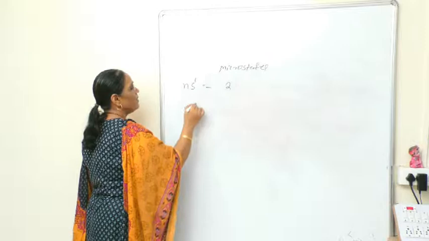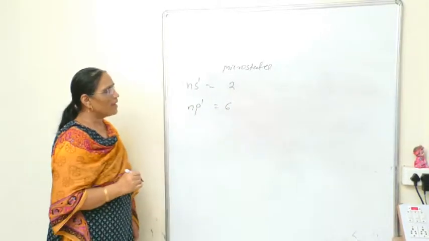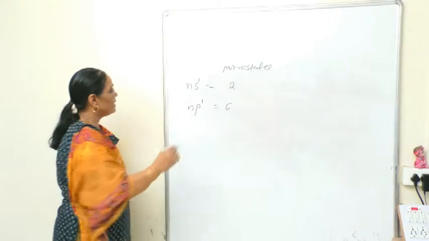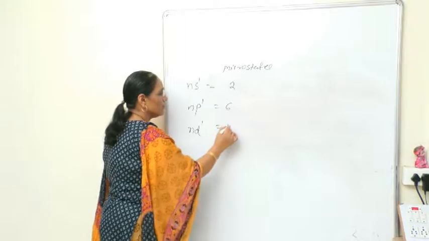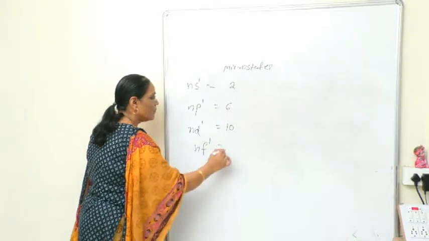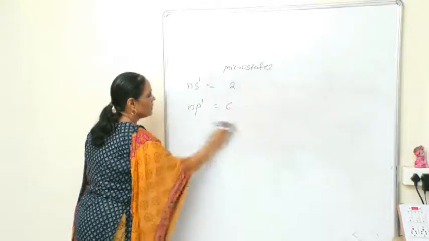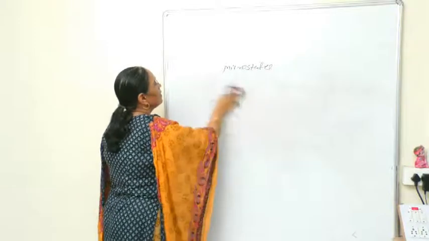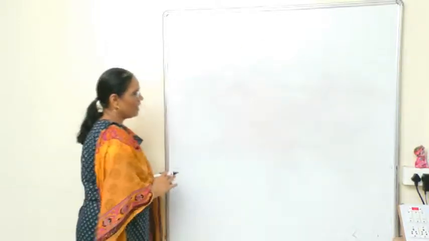For np1 it is 6. We can arrange a single electron in 6 different ways. For nd1 it is 10, and for nf1 it is 14. So this is a very simple case which we can solve even without the n factorial equation.